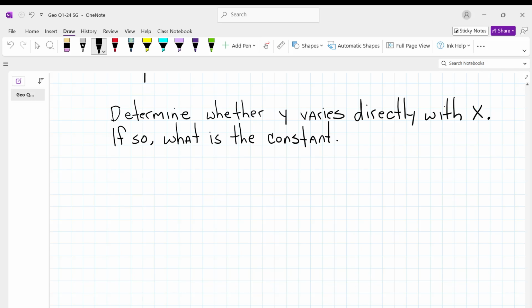All right, so first question is 3y equals 7x. They're asking you if y varies directly with x. Well, if we take each side of this equation and divide it by 3, the 3's on the left cancel, and we get y is equal to 7/3 x.